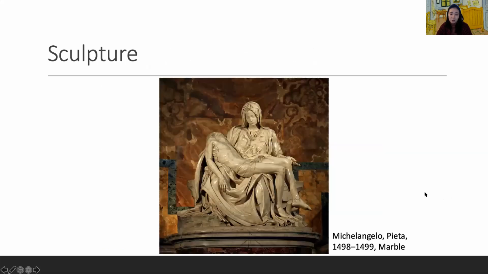So this is also Michelangelo's sculpture. Sculpture's materials include diverse materials such as marble, metal, ceramics, wood, glass, wax, ice, plastic, and fiber.